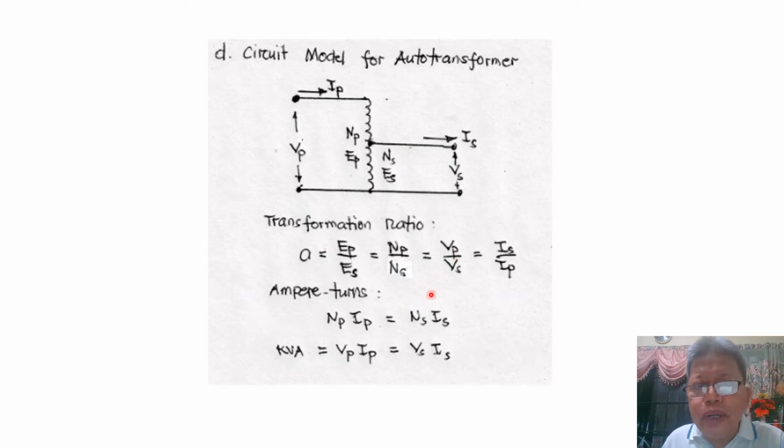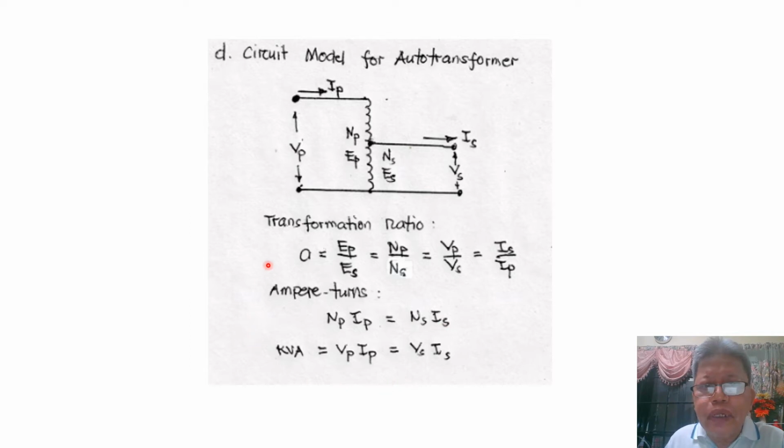Also, our transformation ratio a can also be equal to the secondary current Is over I sub P. And again, the field winding strength at the primary, which is the ampere turns, equal to N sub P times Ip, will also be equal to the secondary field strength NsIs.